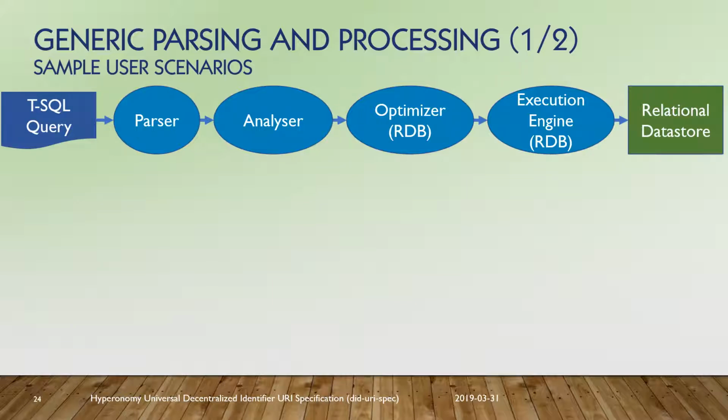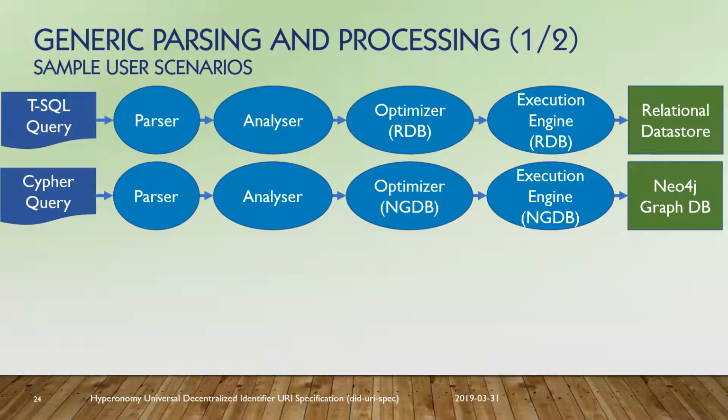So, here's my example. T-SQL is parsed, runs through an analyzer, runs through an optimizer, specifically for the particular relational database store, and then the execution engine, which runs the actual physical plan against the physical database. Here's Cypher.